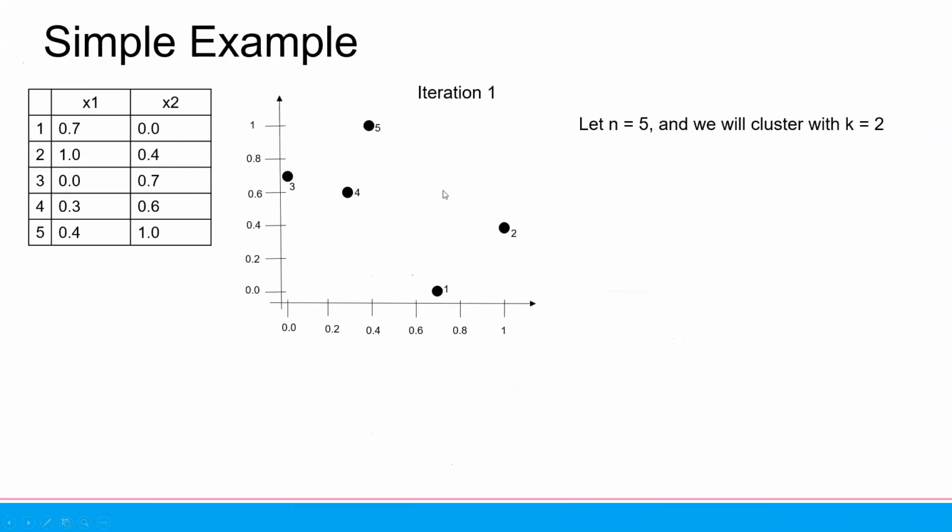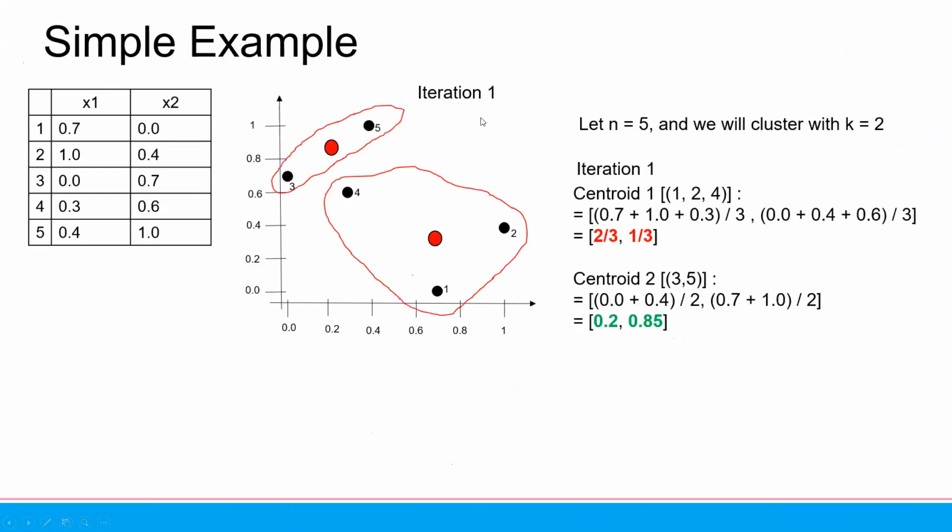This is the plot, and I can try with iteration number 1, where I just select randomly. Let's suppose I randomly select objects number 3 and 5 to be in the same cluster, and objects 1, 2 and 4 are in the other cluster.